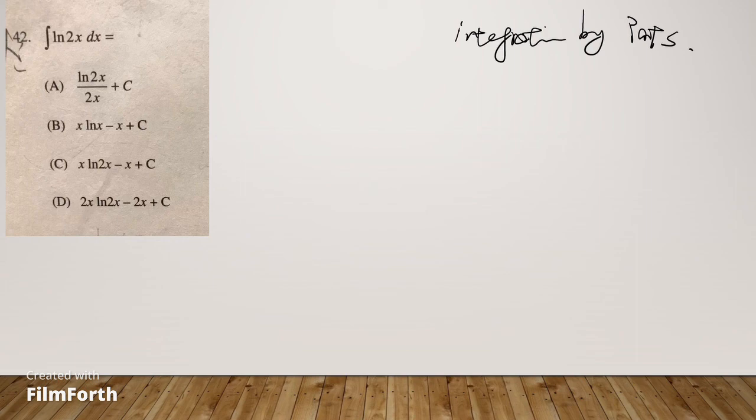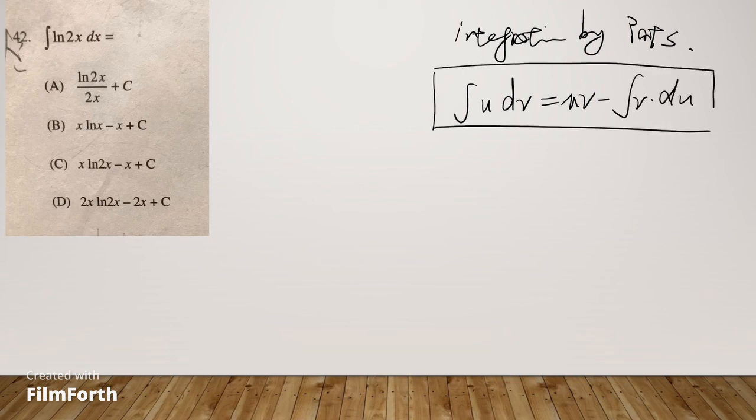So the formula for integration by parts is: integral of u dv equals u times v minus integral v du. So this formula is very important. When the method of u substitution doesn't work, we always need to think about this formula.